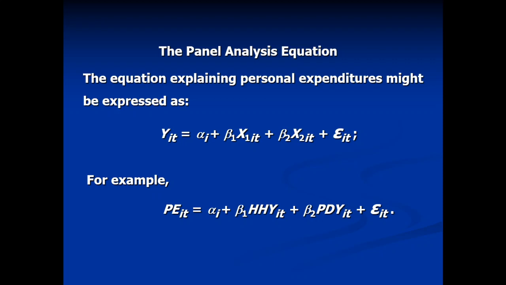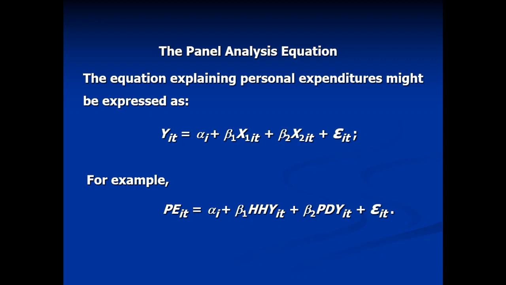And if you are modeling this panel data in a regression equation, this is how you write it. For example, you are modeling personal expenditure: the equation explains personal expenditure on household income and per capita disposable income. That is Y_it is equal to alpha_i plus beta_1 x1_it plus beta_2 x2_it plus epsilon_it.